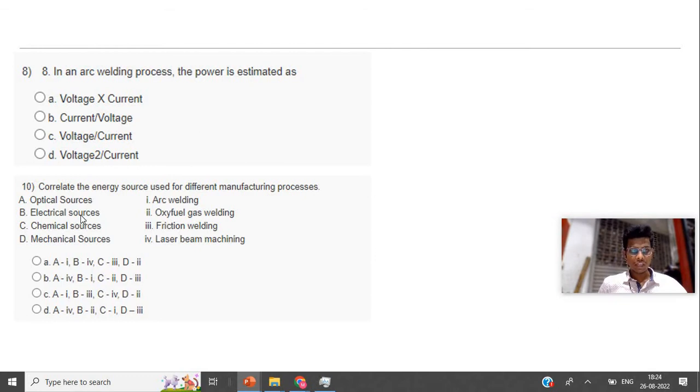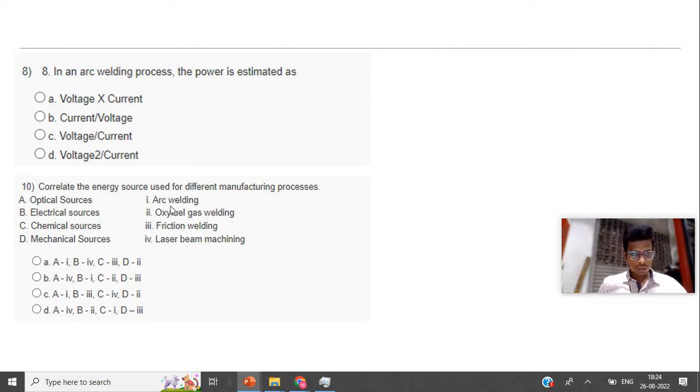Optical source, as we know, is used in laser welding. So A4 and B1, so the option will be B. Let me check. Option will be B, and we'll check C2.